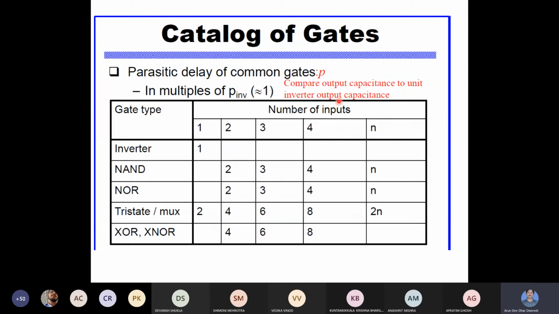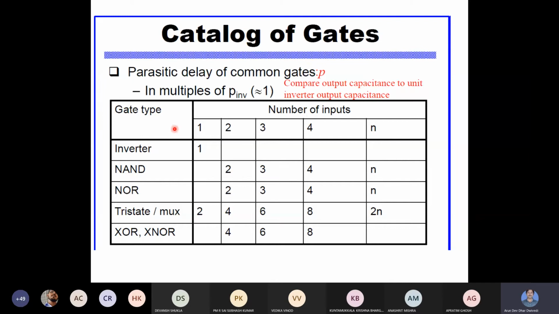The parasitic delay for one inverter is almost 1, so the result will come as a multiple of 1, according to the ratio that comes out.